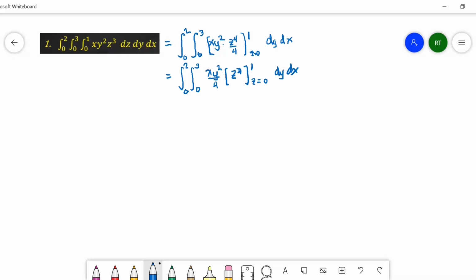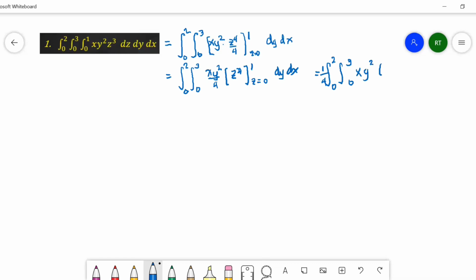Hence, this is equal to the double integral, y going from 0 to 3, x going from 0 to 2. Let's write 1 over 4 before the integral sign, so we will have x y squared.